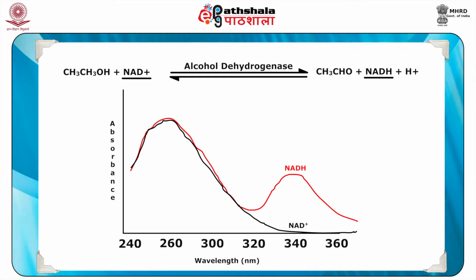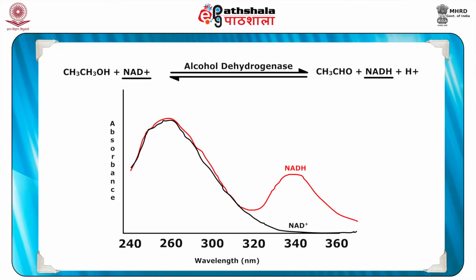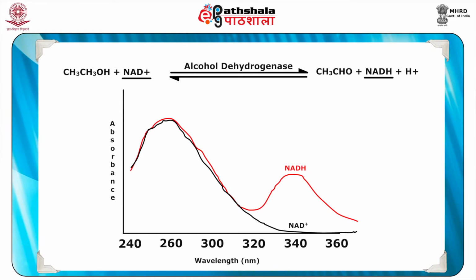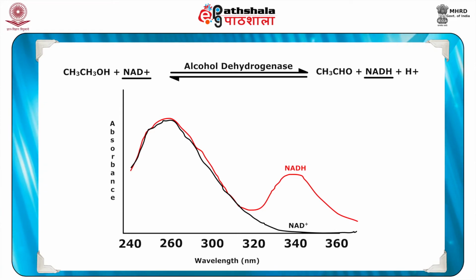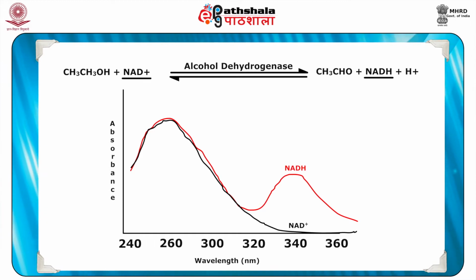As indicated, since the stoichiometry of the reaction is 1:1:1 between alcohol, NAD and acetaldehyde, the conversion of NAD+ oxidized to NADH reduced can be followed continuously by placing the assay mixture in a cuvette, which is a holding glass body, which is then placed inside a spectrophotometer, and monitoring the increase in absorbance at 340 nanometers.